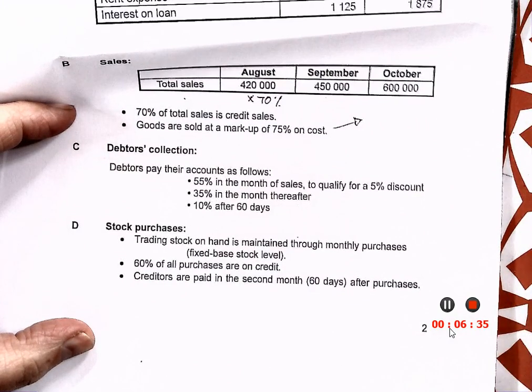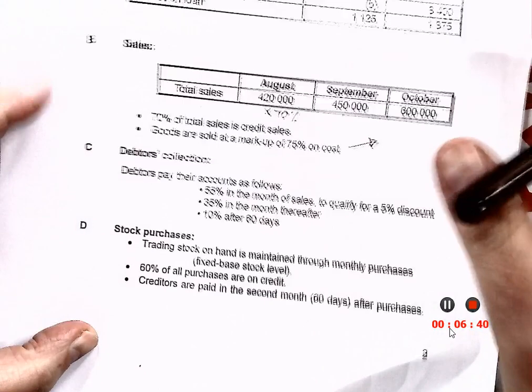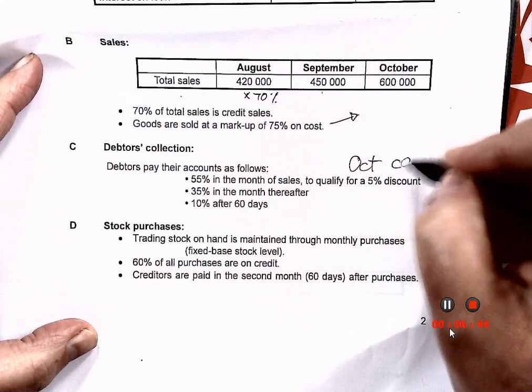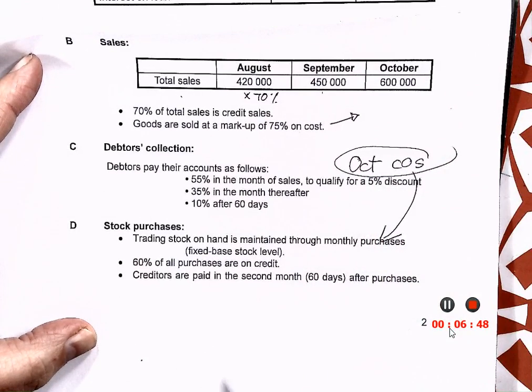So what are they saying? That whatever I'm looking for, October, I'm looking for October's cost of sales. That's what they are saying here. Right. 60% are on credit. Creditors are paid in the second month after purchase.